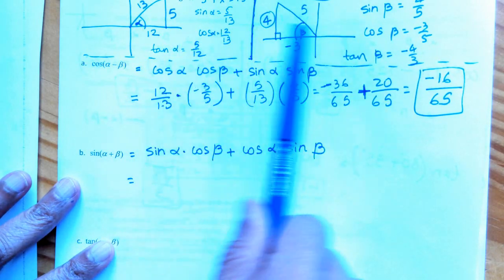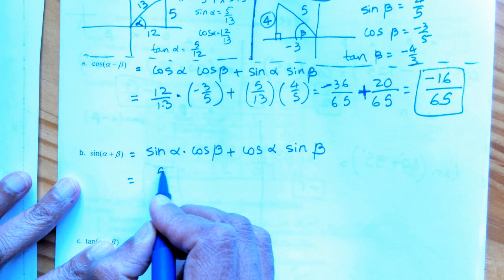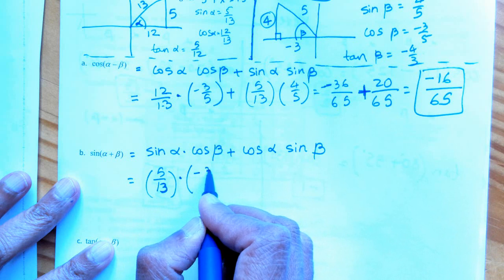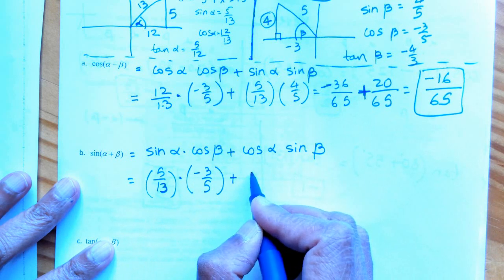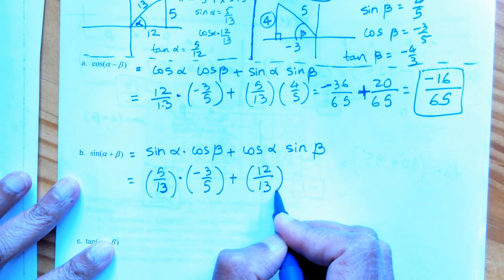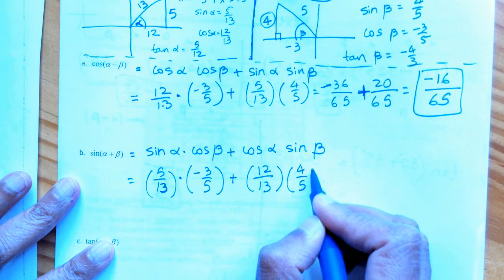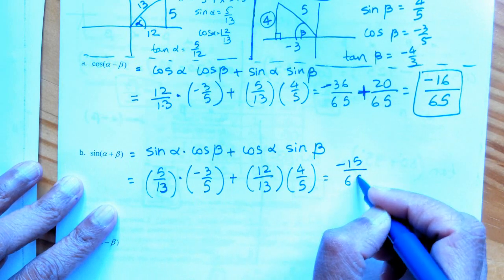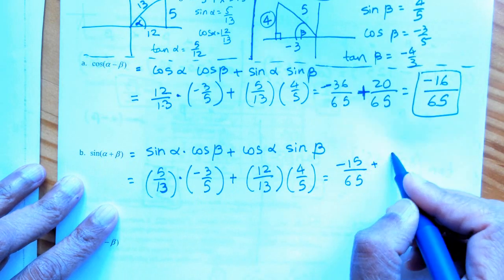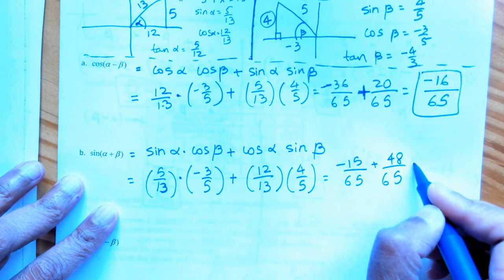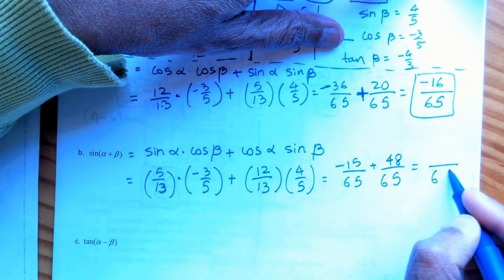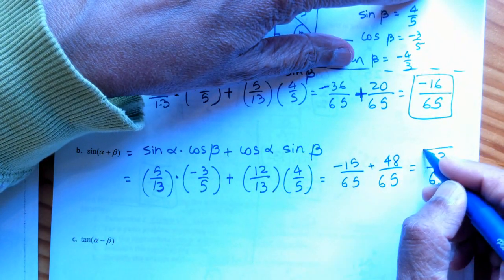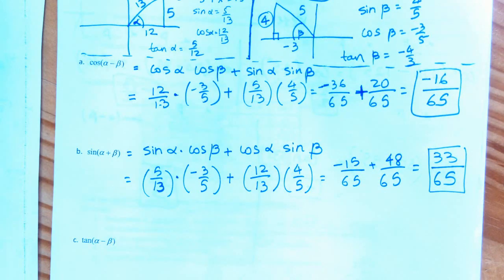Now I'm just substituting from the alpha and the beta, and then just doing the math. And common denominator, and I just subtract these two. So it's positive because 48 is positive. That's it. Pretty straightforward, right?